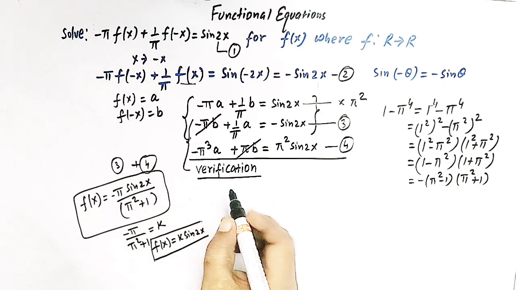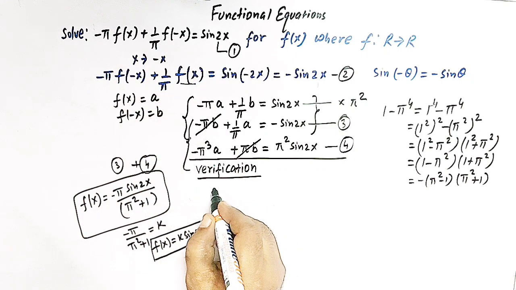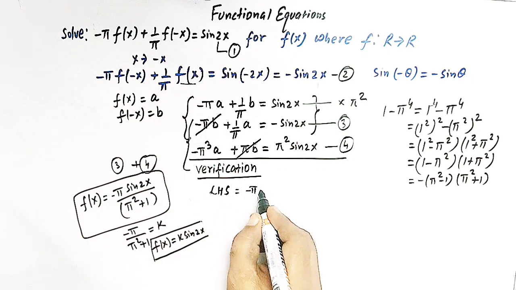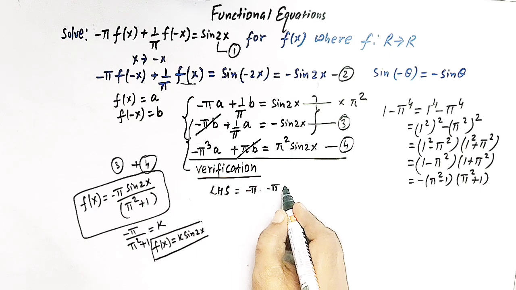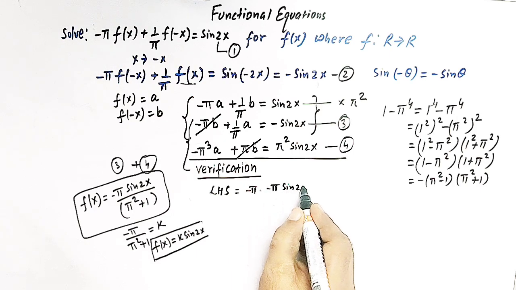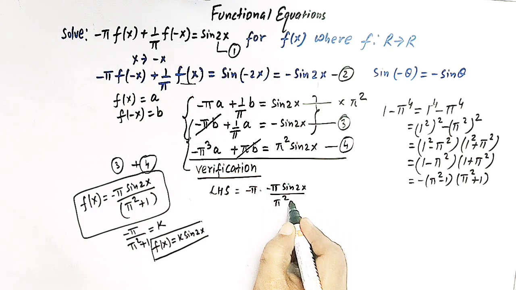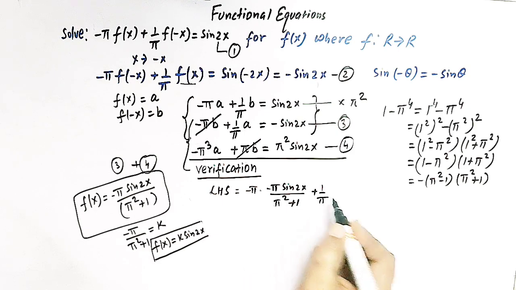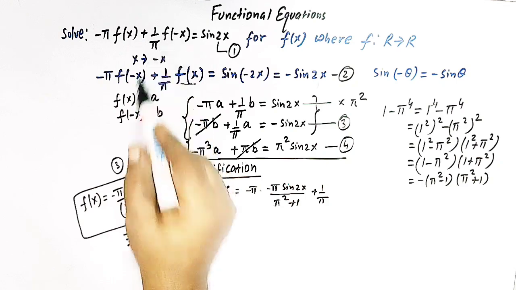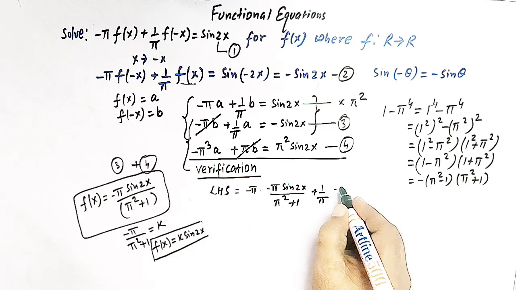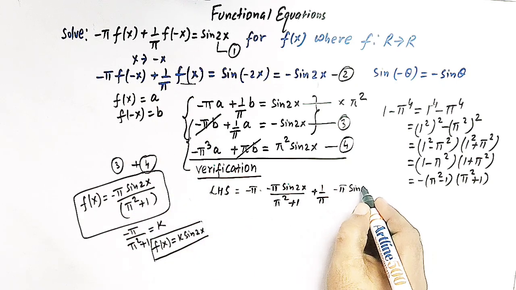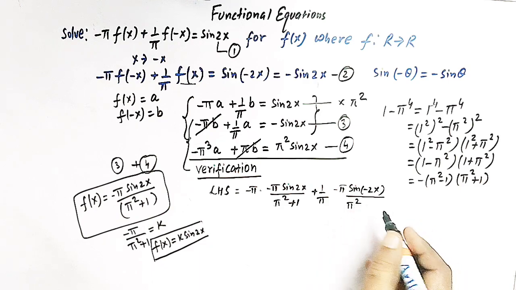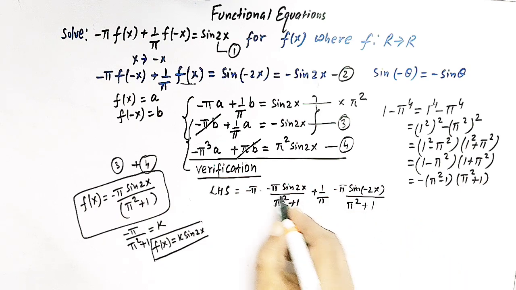So we have the left hand side, that is LHS, equal to minus pi, f of x is minus pi sine 2x divided by pi square plus 1, and then we have 1 over pi, and f of minus x is given by minus pi sine of minus 2x, and here we have pi square plus 1.